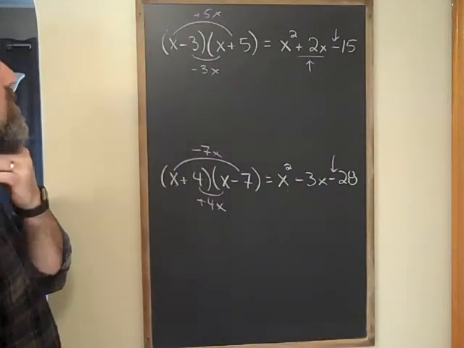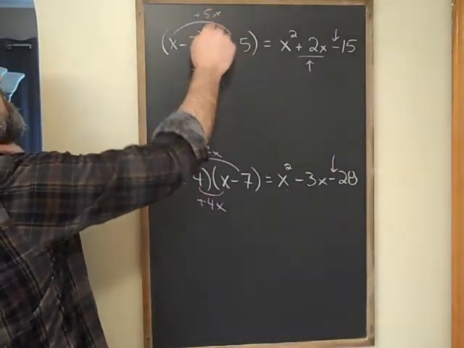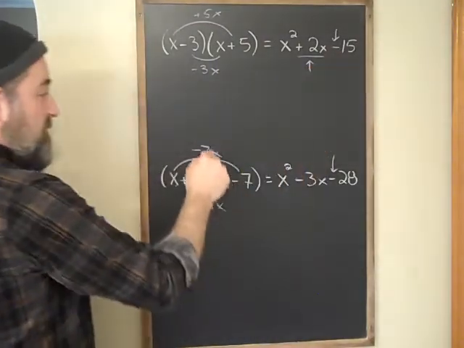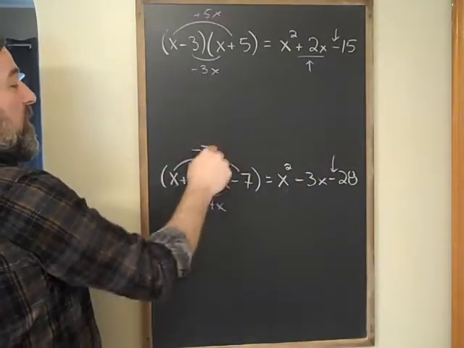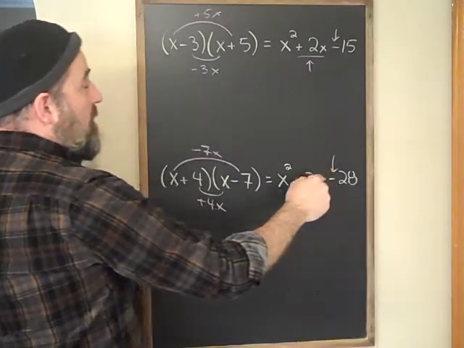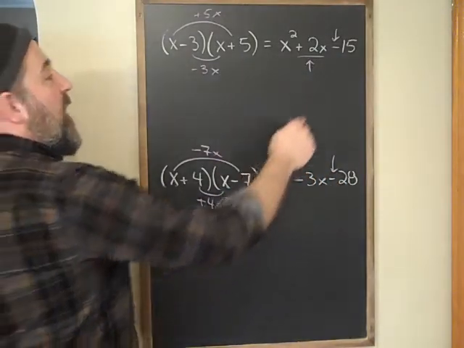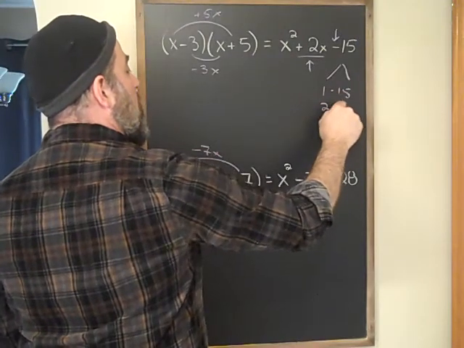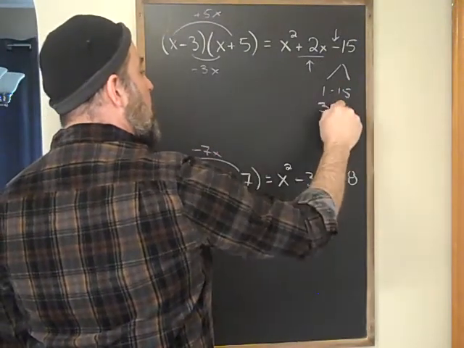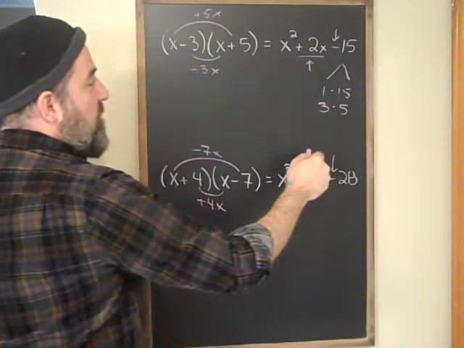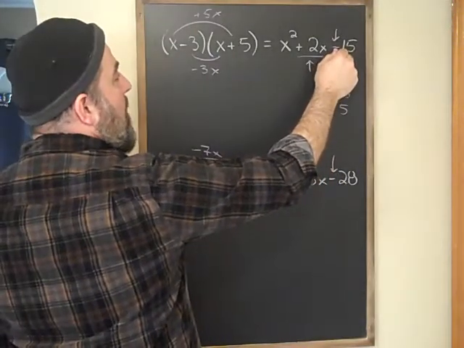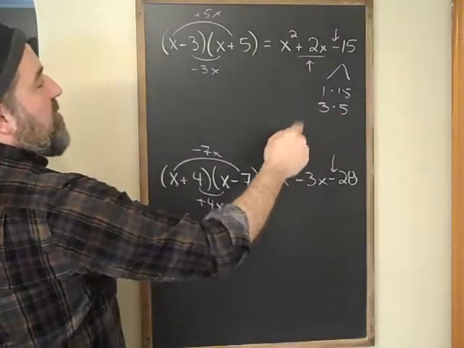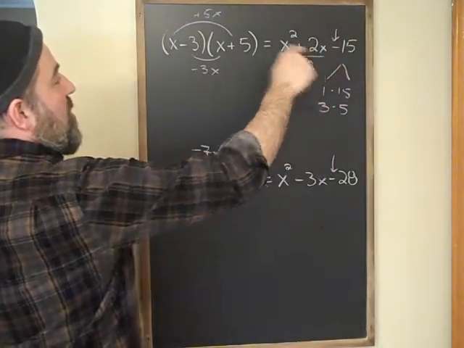But the thing I want you to notice in both cases is 5 times 3 multiplies to be 15, just as 7 times 4 multiplies to be 28. But now, the factors we're looking at of that last term, which I'll write out, 1 times 15, 3 times 5, because this says minus, we're looking for a pairing of factors that has a difference of 2.